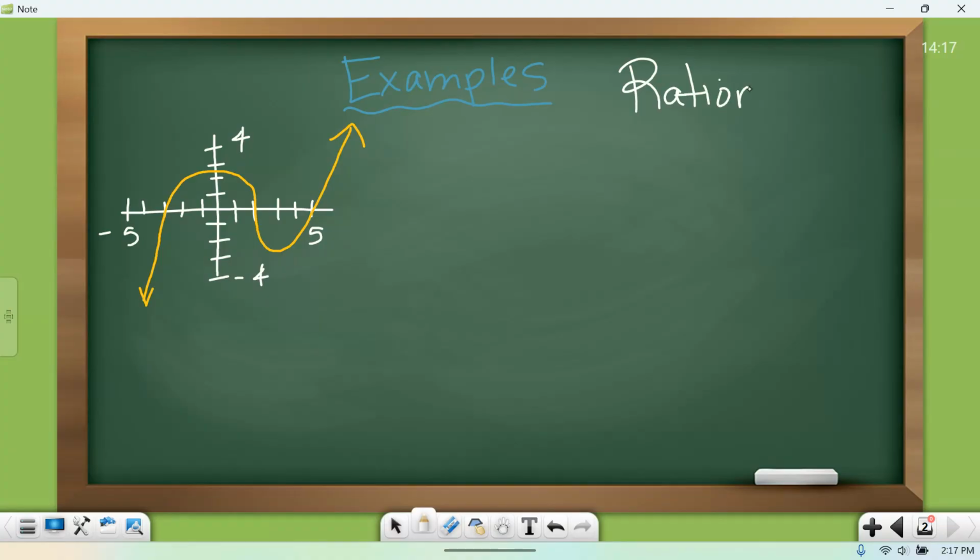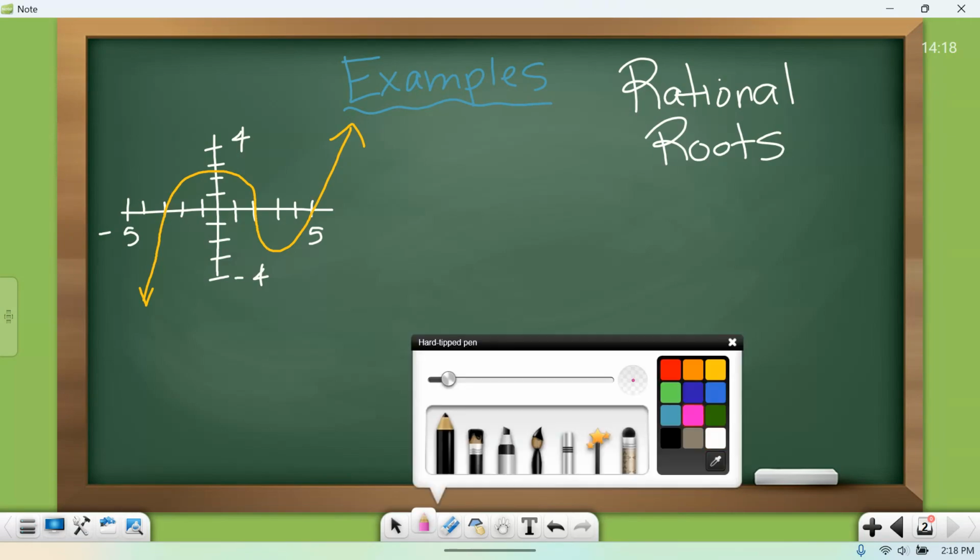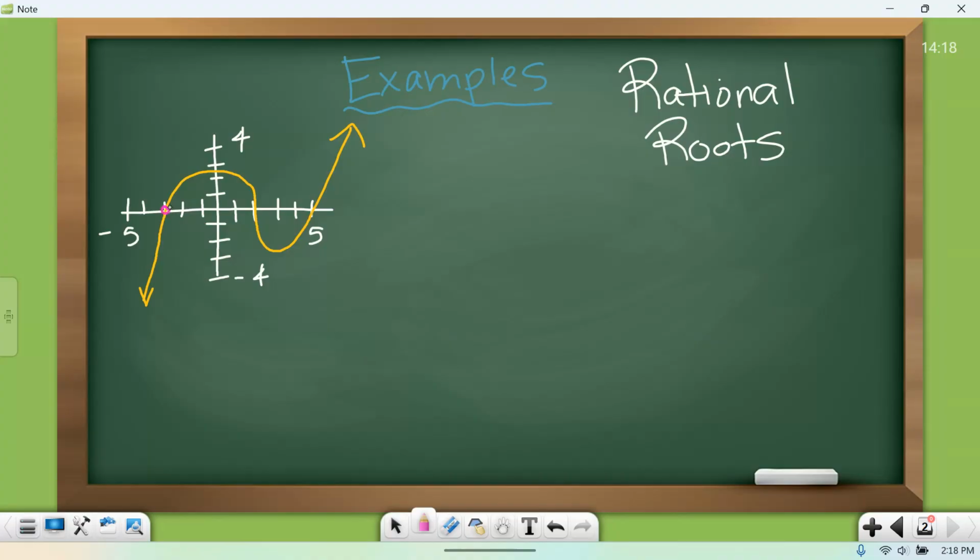Before we get into specifically isolating which roots are rational and which are not, let's take a look back at this picture. I have 3 locations that I can see here where this function crosses the x-axis. Those are my zeros, which I also call roots, x-intercepts, solutions.